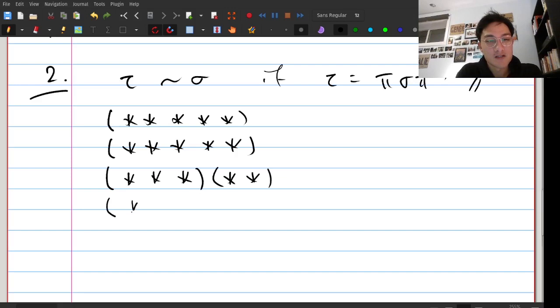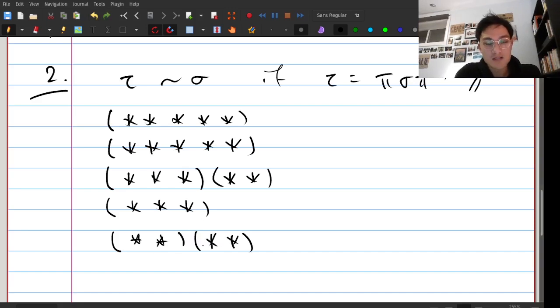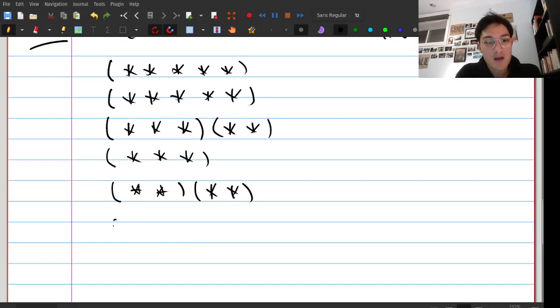You could have just a 3 cycle. You can have a 2 cycle, and then, oh sorry, that's a 3 cycle again. I think it's just a product of 2 disjoint transpositions, and then you can have a single transposition, and you can just have the identity.